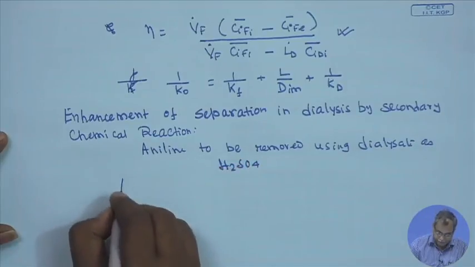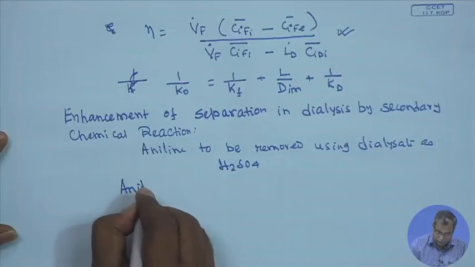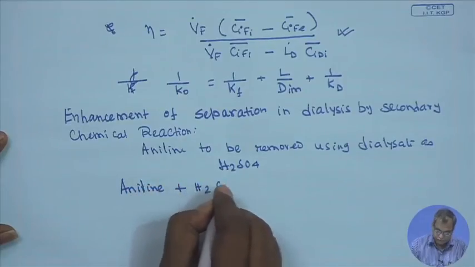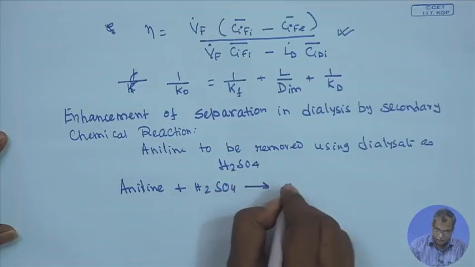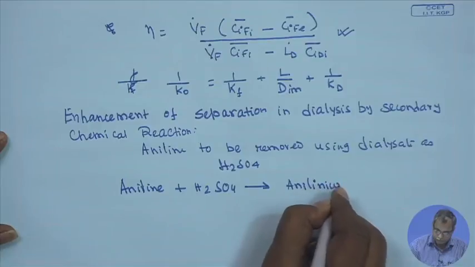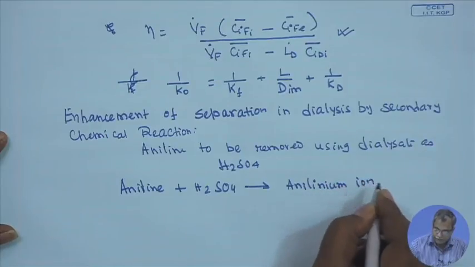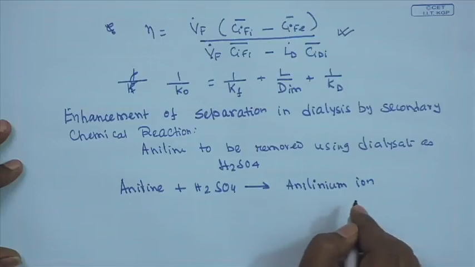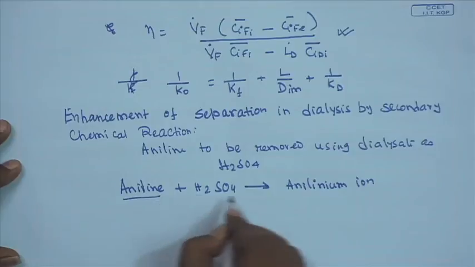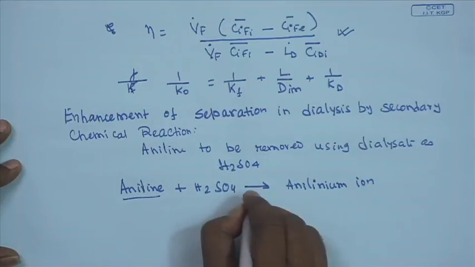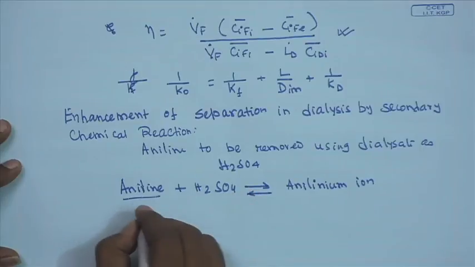So, it reacts with aniline, sulfuric acid reacts with aniline to form the anilinium ion. This anilinium ion, being larger in size, cannot get back into the feed side. Therefore, in the dialysate side the aniline concentration will always be maintained at 0. So, this will be an equilibrium-governed process.